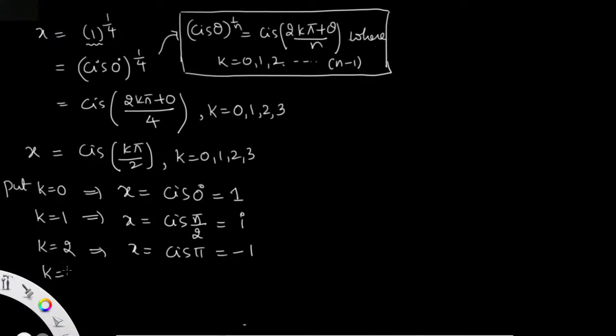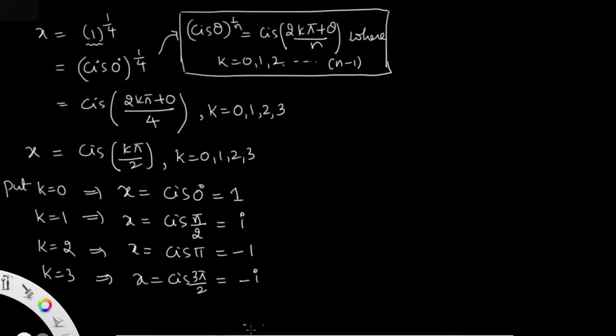If k equal to 3, x equal to cis of 3 pi by 2, which is the same as cis of minus pi by 2 going anti-clockwise, so this becomes minus i. So what are the roots? 1, minus 1, i, minus i. These are the 4th roots of unity.